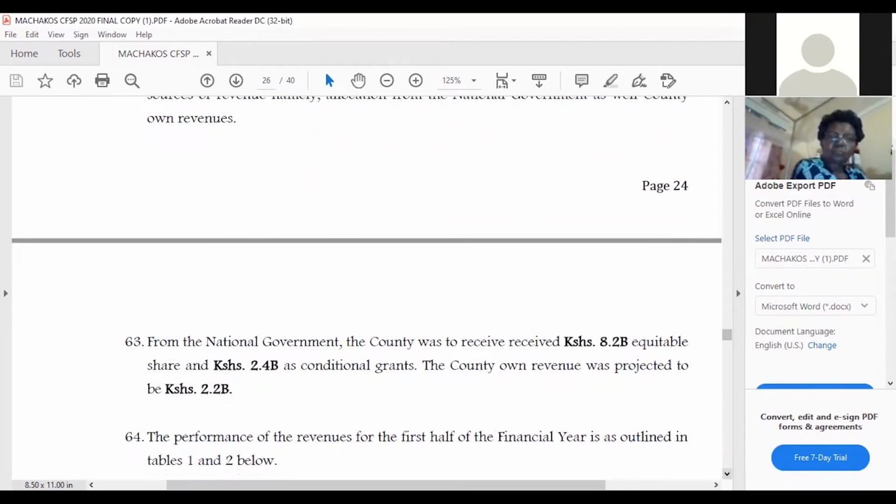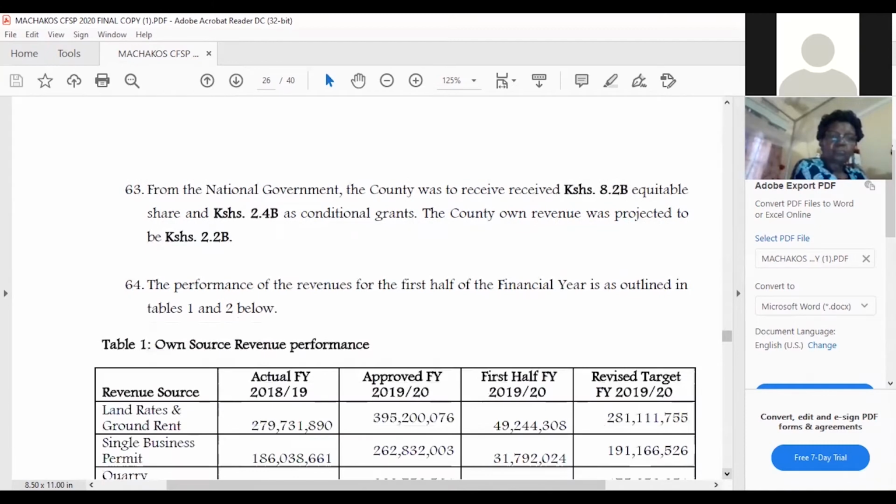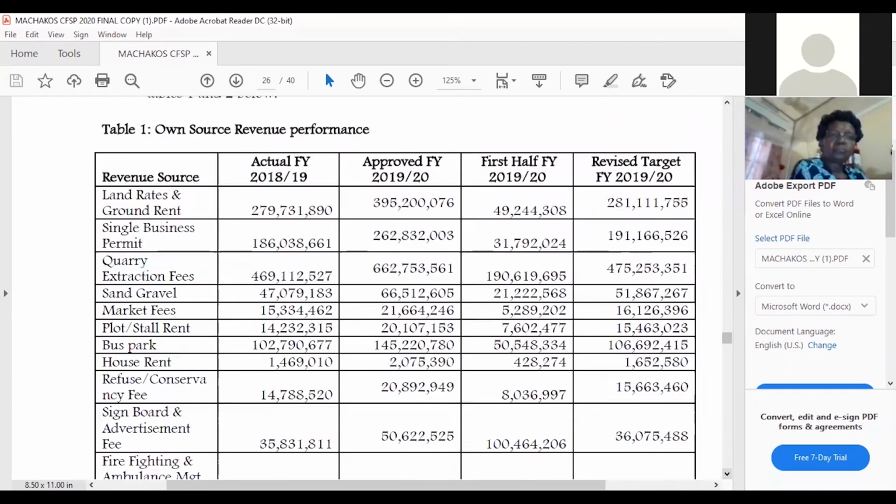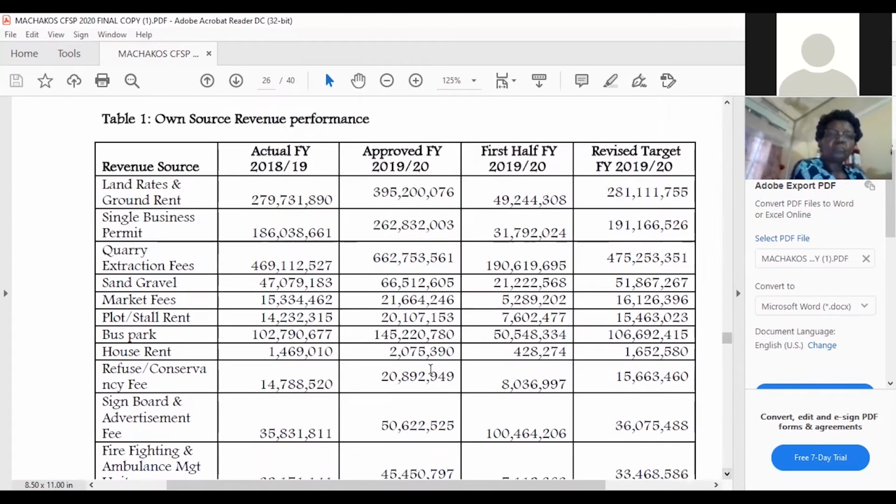All right. So the performance of the revenues for the first half of the financial year is as outlined in table 1 and 2 below. So you can see own-source revenue performance for Machakos County: land rates, the single business permit, quarry, sand and gravel, market fees, plot or stall rent, bus park, house rent, refuse, signboard.